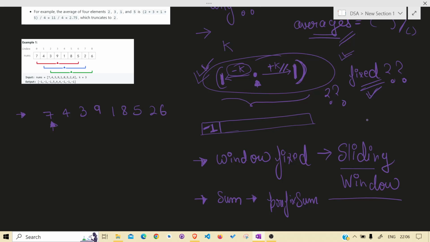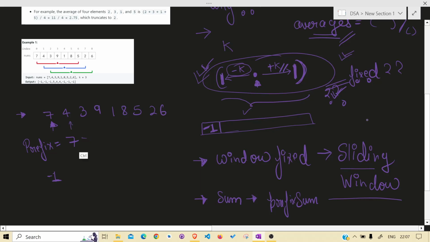At this position, our prefix sum is 7. This condition is still not true, so just put a -1. 7 plus 4, it's 11.